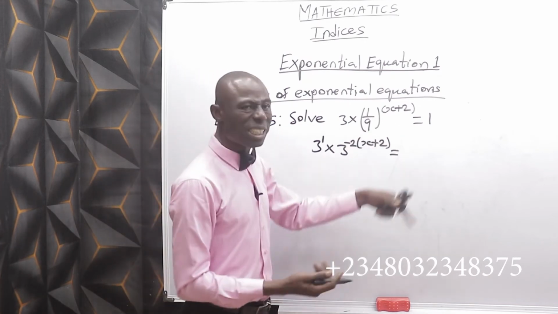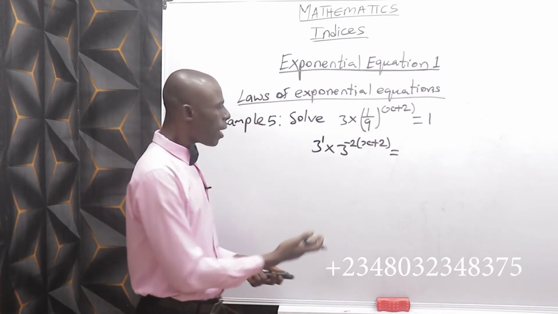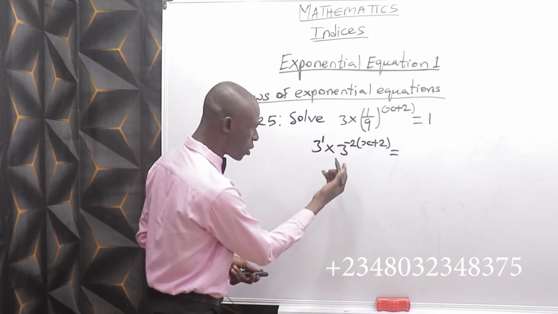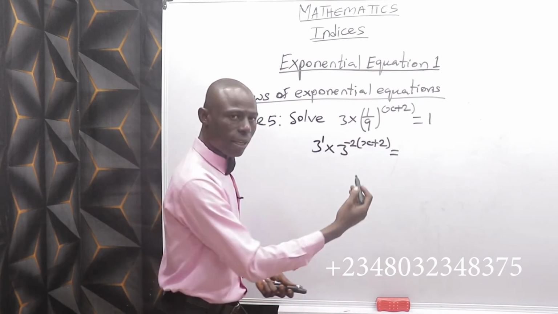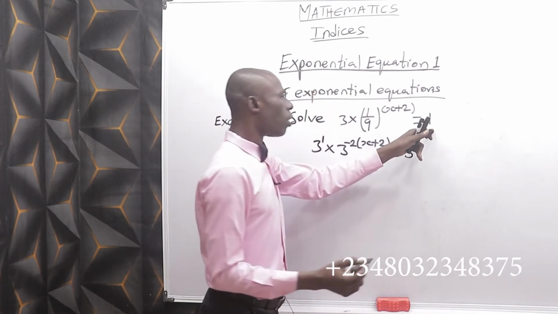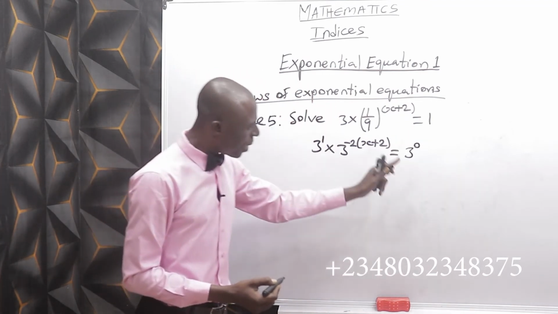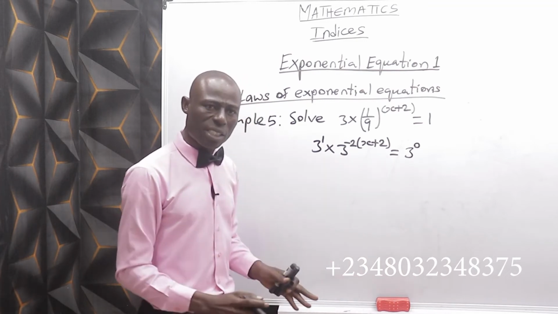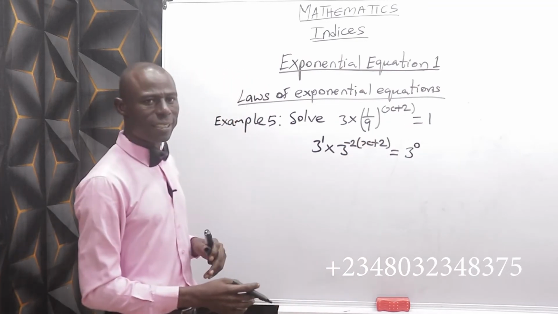And that something must be the base in the operation. The base in the operation now, by inspection, is what? 3. That base must have been raised to power 0 to give us 1. So, that base raised to power 0 is the representative of that figure 1 in this case.